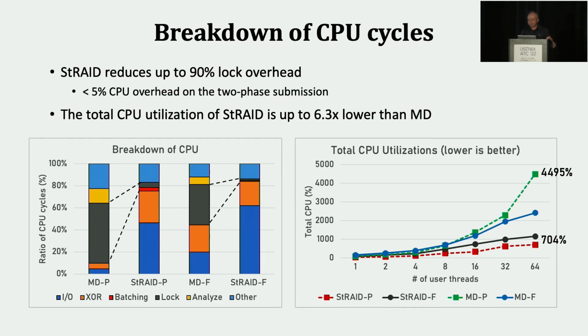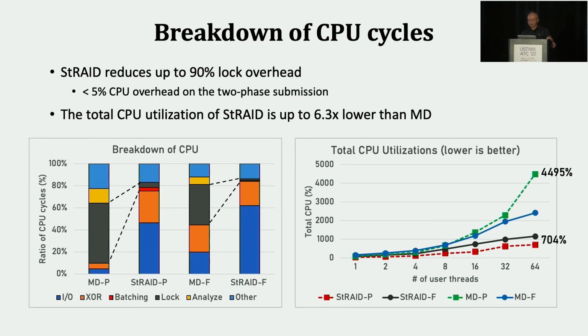Features in StRAID such as the two-phase stripe submission mechanism incur less than 5% of CPU consumption. The total CPU utilization of MD is up to 6.3 times higher than StRAID with 64 user threads.